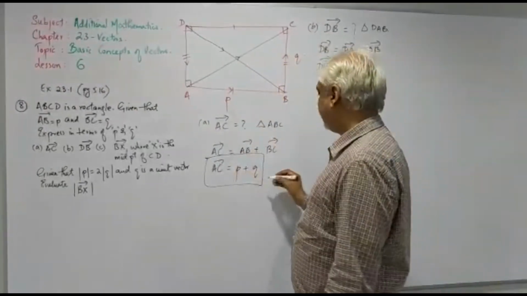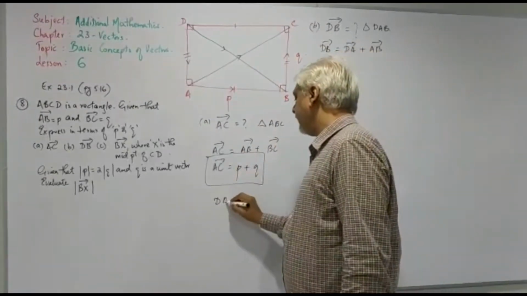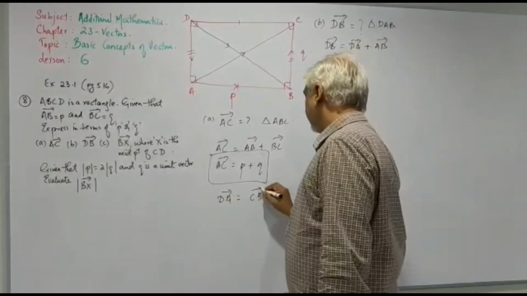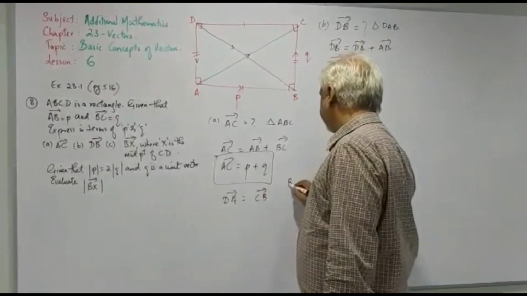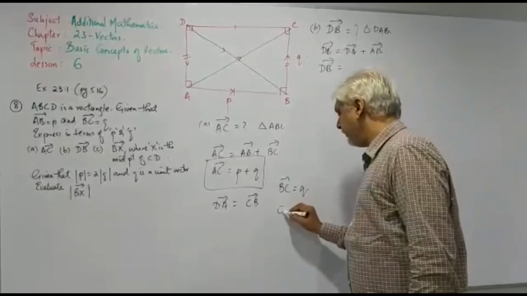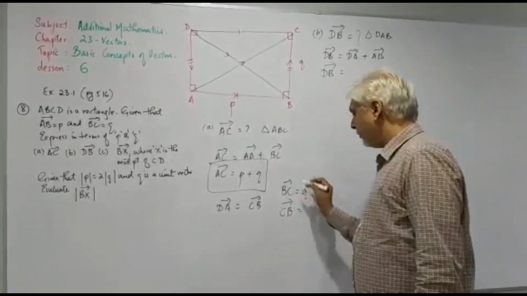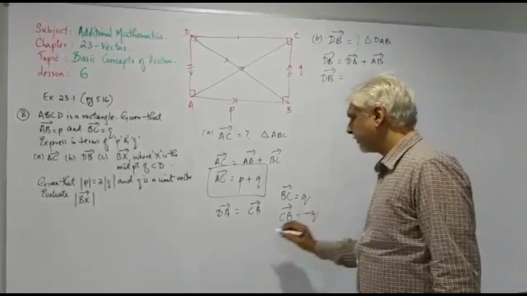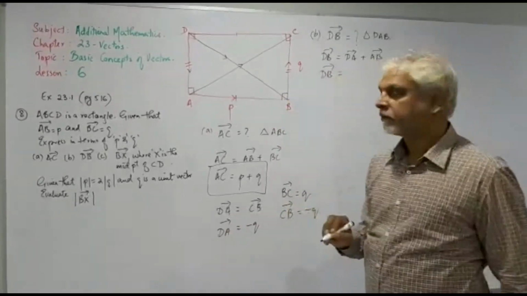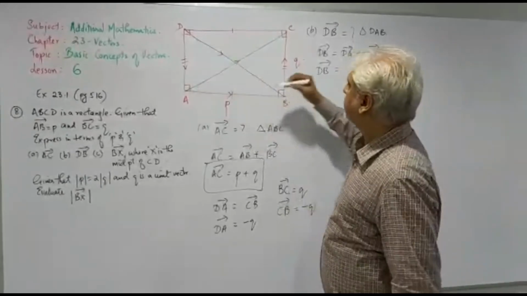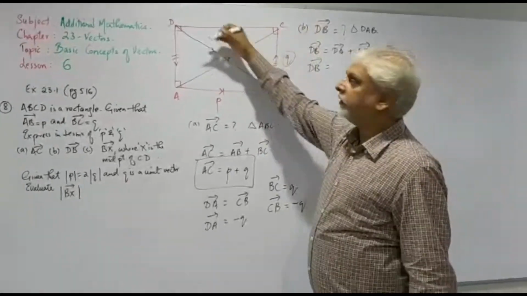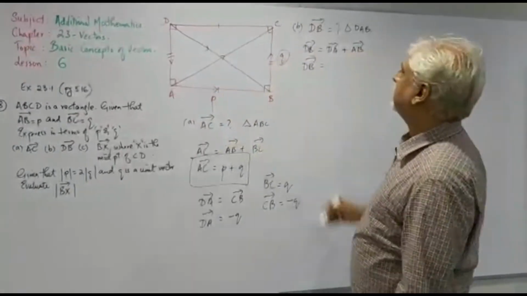Since BC is equal to Q, CB in the opposite direction will be minus Q. So DA will be equal to minus Q, because the vector is going from south to north, here it's coming from north to south, so it will be minus Q.